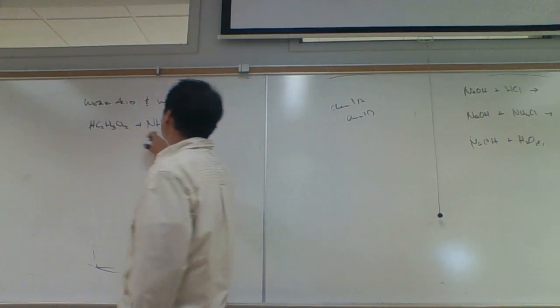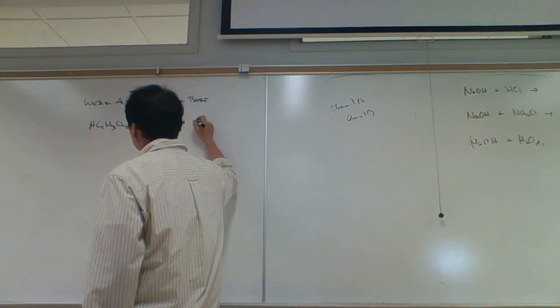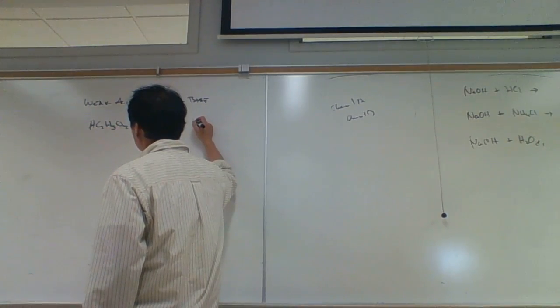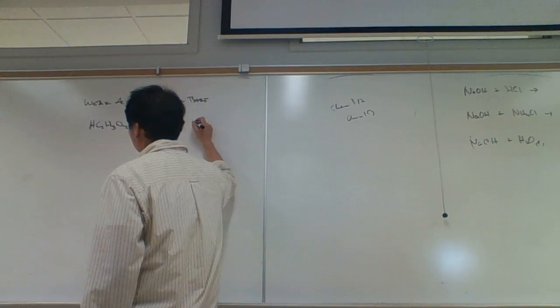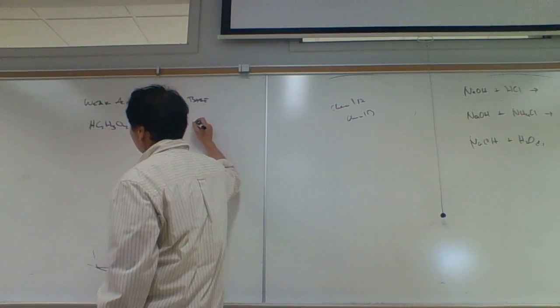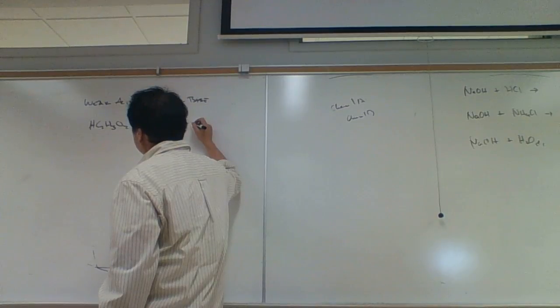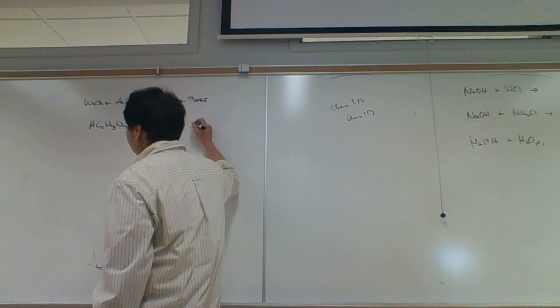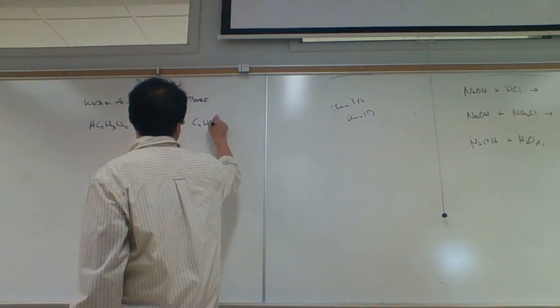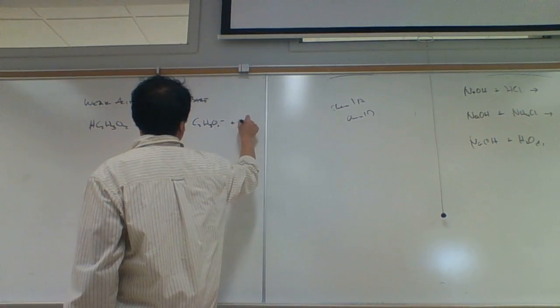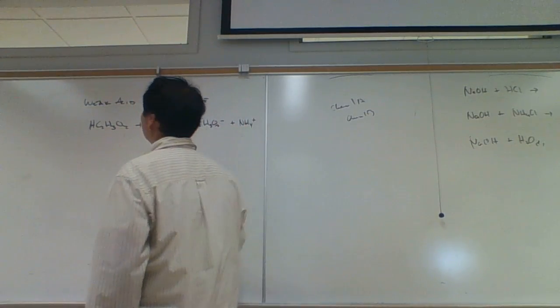And so acetic acid plus ammonia is going to make what? Acetate and ammonium.